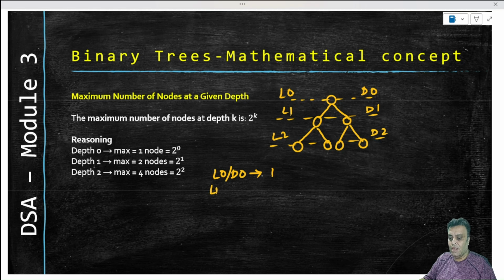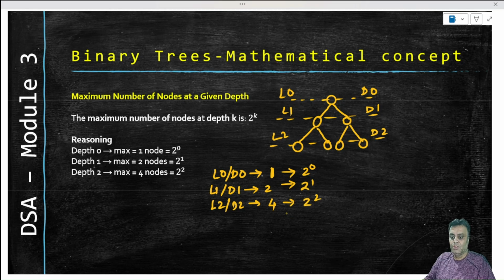At L1 or D1? 2. At L2 or D2? 4. All these are maximum number of nodes, right? So if I want to find a correlation with the level number or the depth number, then I can say that 1 is nothing but 2 to the power 0, 2 is 2 to the power 1, and 4 is 2 to the power 2. So what are we seeing?